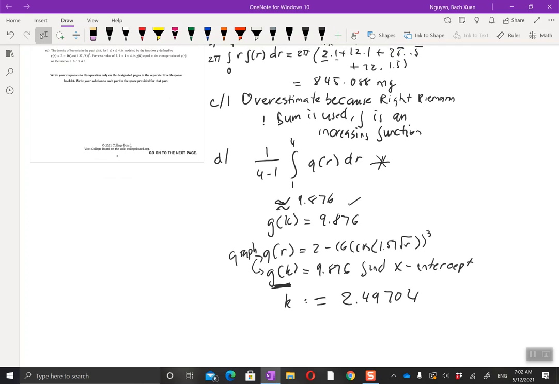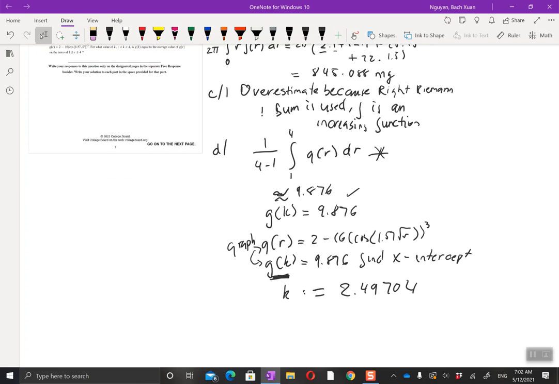So what we're going to do is graph these two equations: g of r equals 2 minus 16 cosine of (1.57 square root of r) to the power of 3, and the line g of k equal to 2.876.